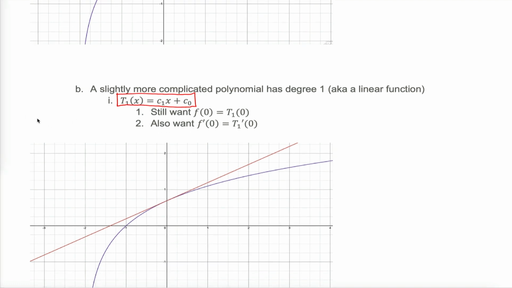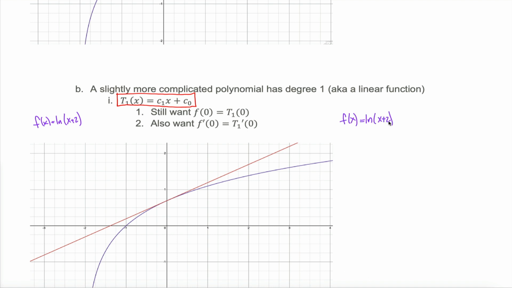Well, remember my goal is to still approximate this function f of x equals the natural log of x plus 2 for x values near 0. So I still want to make sure that the height of the function in purple when x equals 0 is the same as the height of the function in red when x equals 0. That's this first statement.